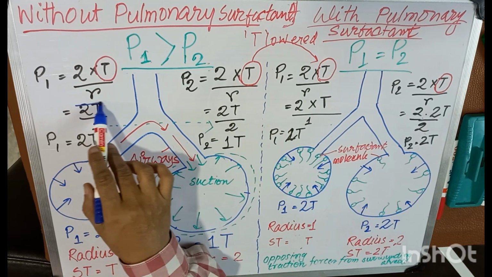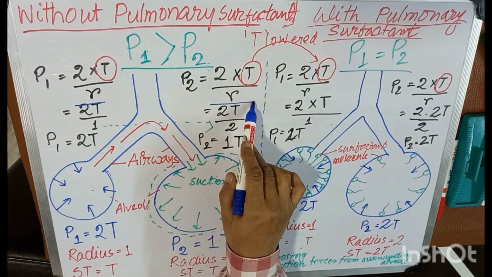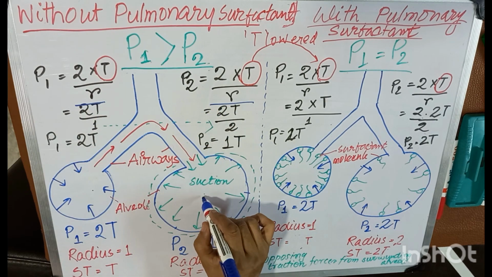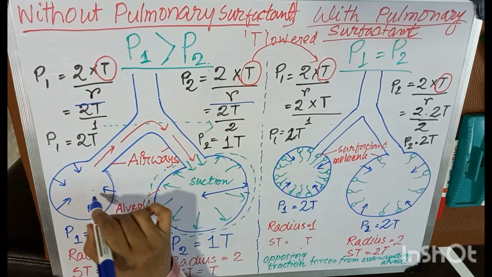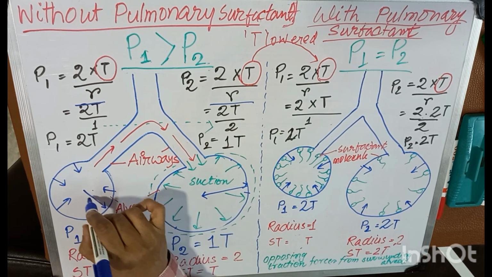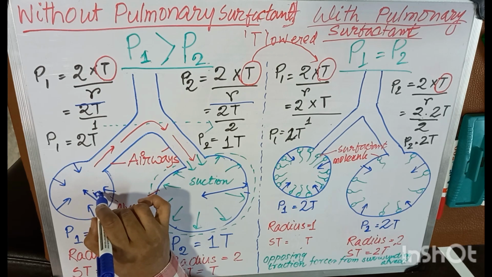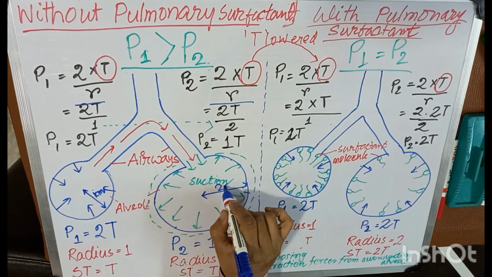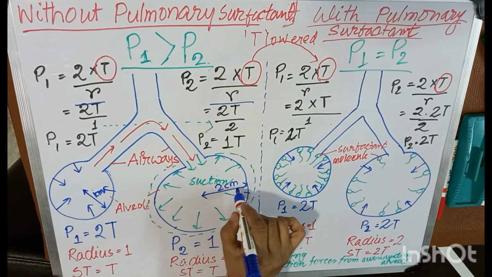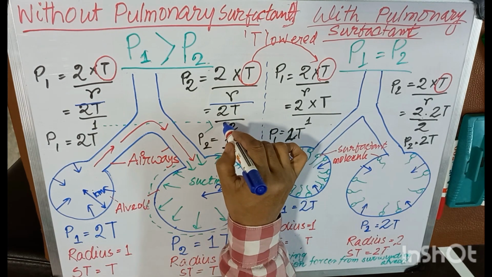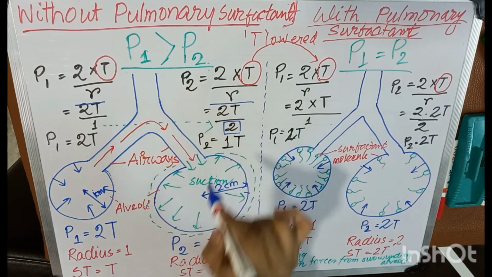Now in this 2T by R, I increase the radius. In this alveolus the radius was 1 centimeter, and in this alveolus the radius has increased to 2 centimeter. So in place of radius 1, I have given 2.